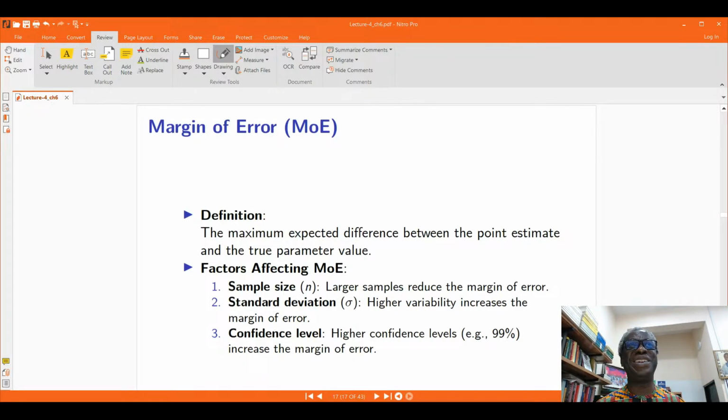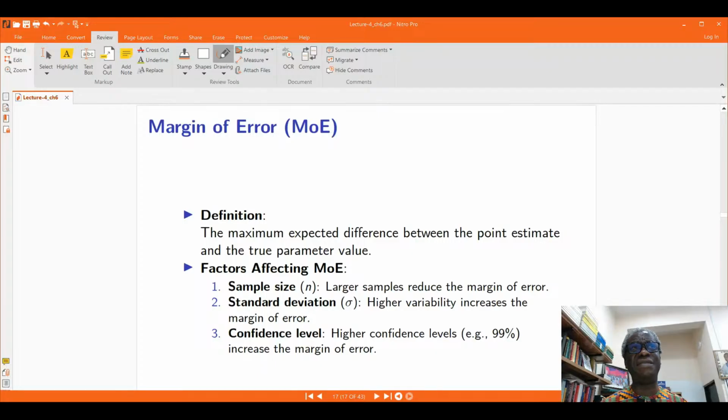But where you can use the entire population, you don't even need to talk about a point estimate again; you simply compute the population parameter. But in most cases, you will not be able to use the entire population. So if your budget is quite handsome, you can take more and more samples.